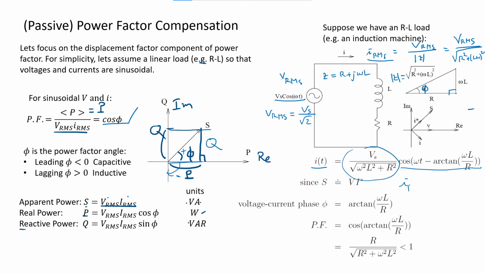It is just its maximum, which is Vs over the square root of omega squared L squared plus R squared, divided by the square root of 2. And this one is just V root mean square. So apparent power is just V root mean square times I root mean square.